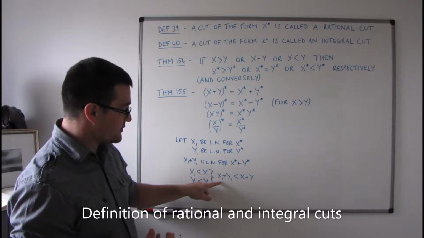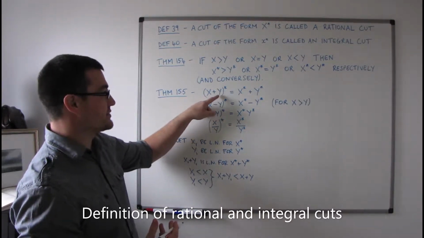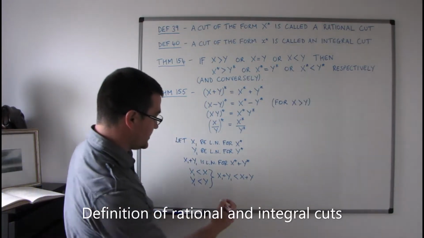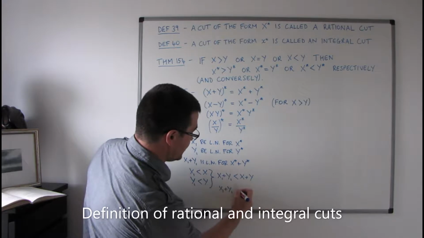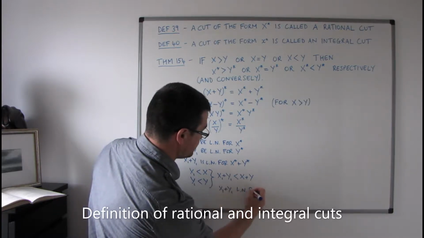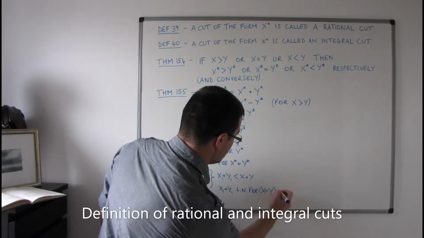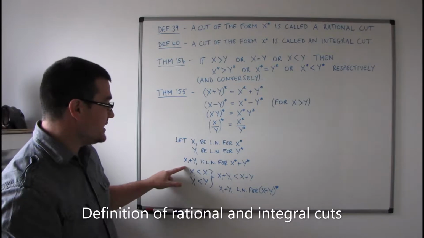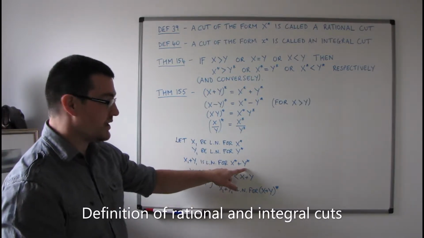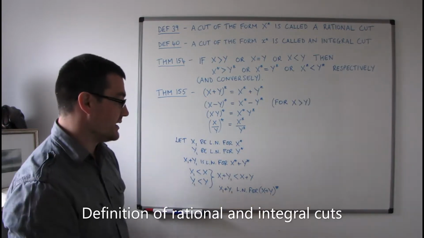So therefore x1 plus y1 must be in the set x plus y star, which is a cut. So therefore x1 plus y1 is a lower number for x plus y star. So what we've shown here is that any lower number for x star plus y star must also be a lower number for x plus y star.